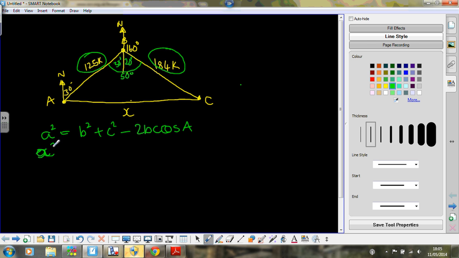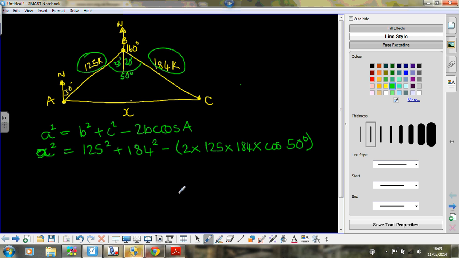So I then know that a squared, which I'm now going to call x because that's what I labelled it in my diagram, x squared is equal to 125 squared plus 184 squared minus 2 lots of 125 times 184 times cos 50, because that's the size of my angle between the two sides I've been given.